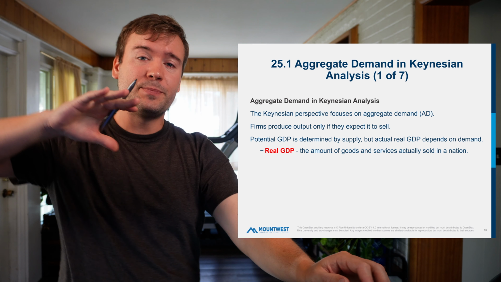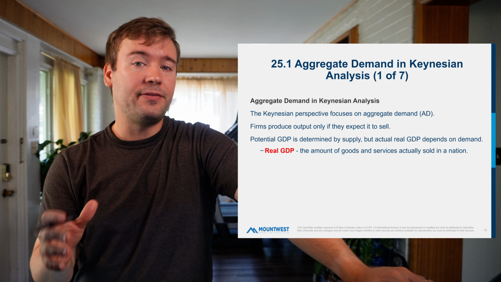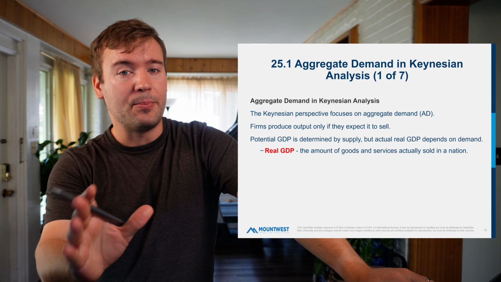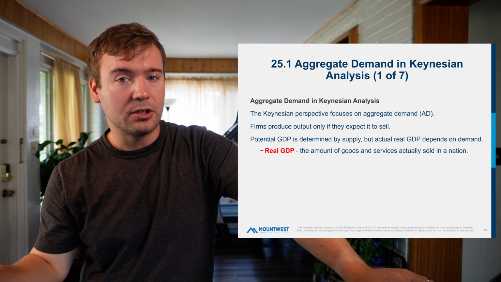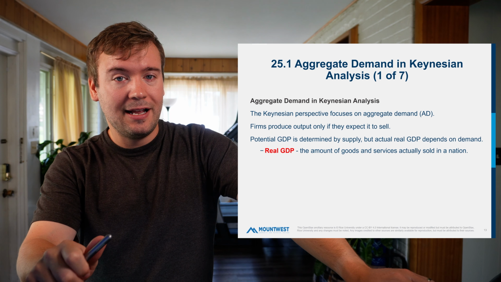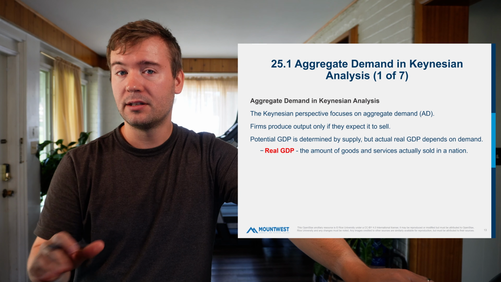While the economy's potential output, or potential GDP, is determined by the availability of factors of production, things like labor, capital, technology we've talked about, the actual amount of goods and services that are bought and sold, which is what we call real GDP, that's dictated by the level of overall demand across the economy.